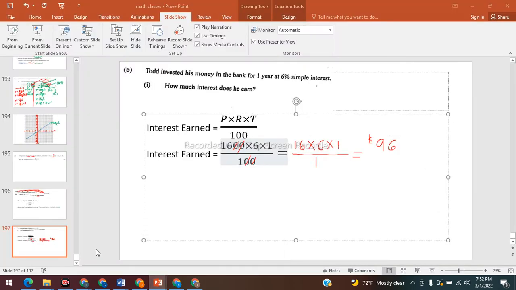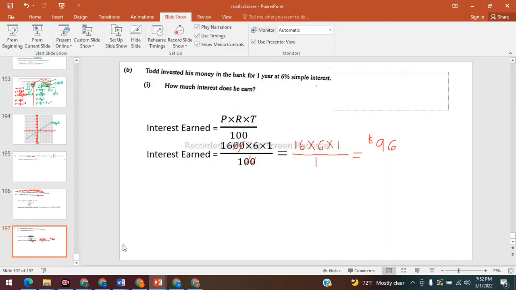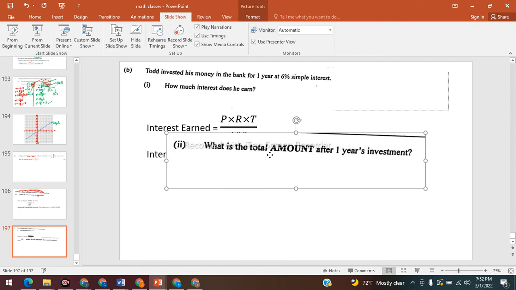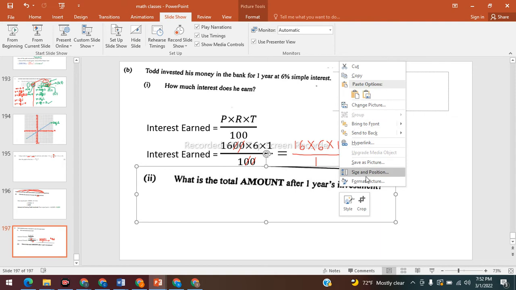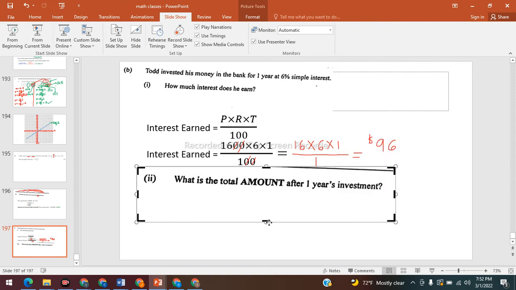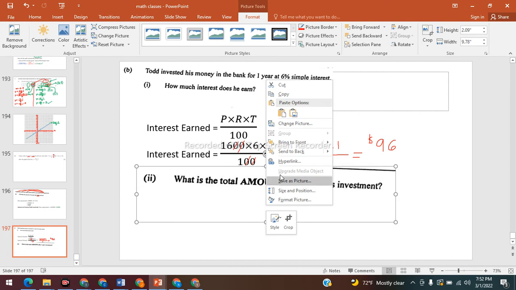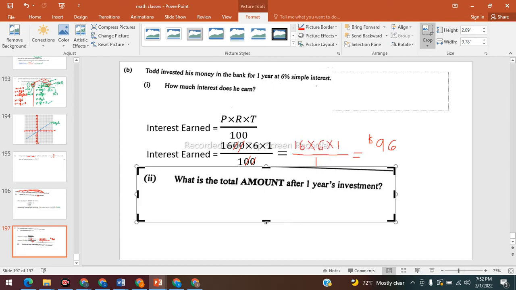Okay, good. It says, what is the total amount after 1 year's investment? So what do we have to do to figure out the total amount? The 1600 and the 96. Very good.